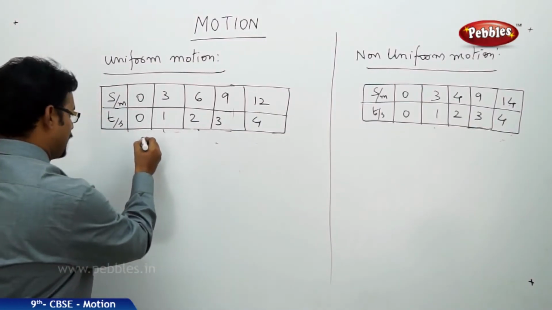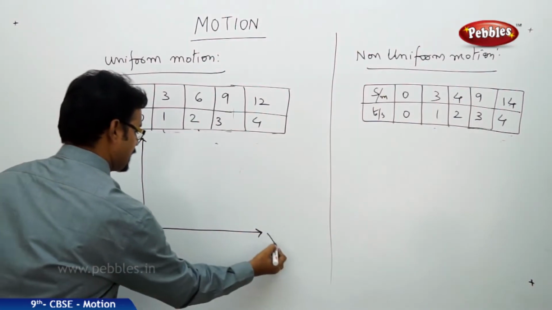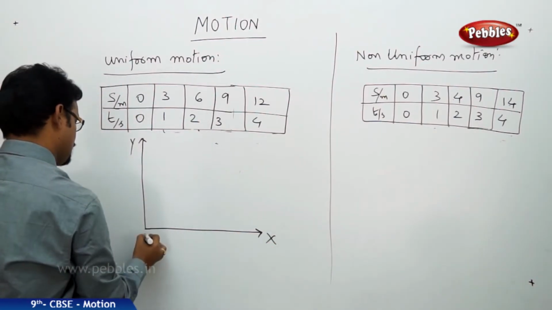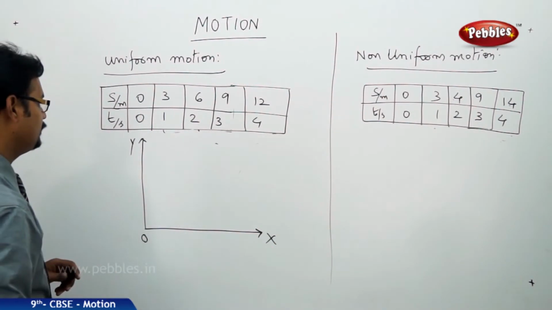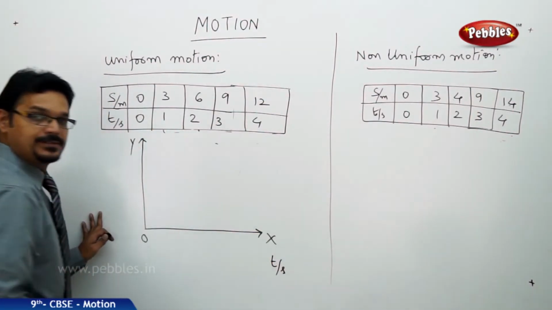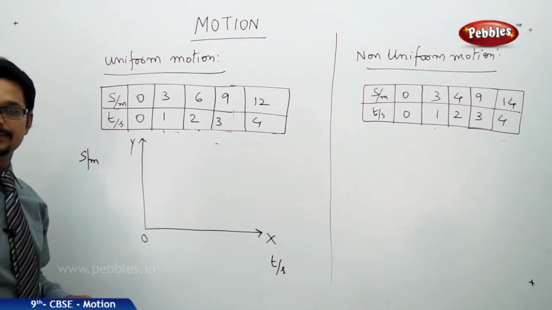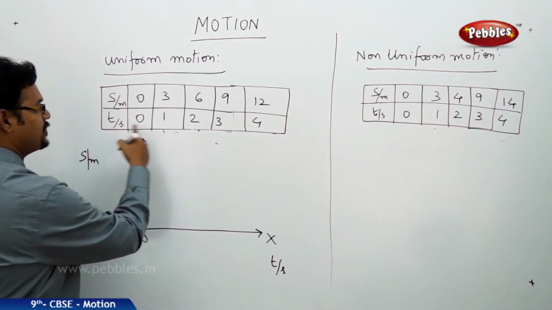Let us take a graph which has an x-axis and a y-axis. This is the x-axis, this is the y-axis, this is the origin. I will take time on the x-axis and distance on the y-axis. Now time 0, 1, 2, 3, 4.